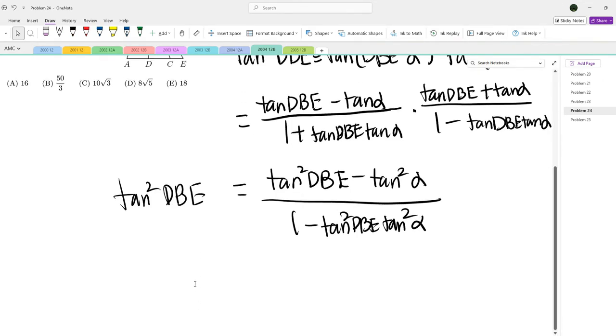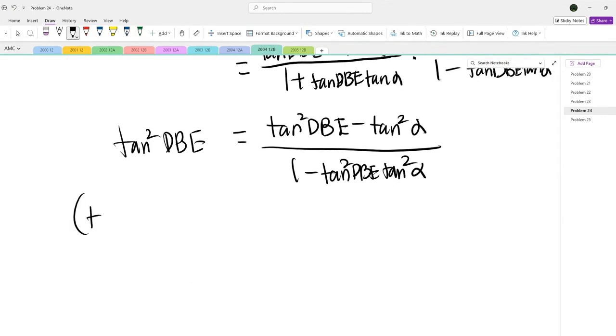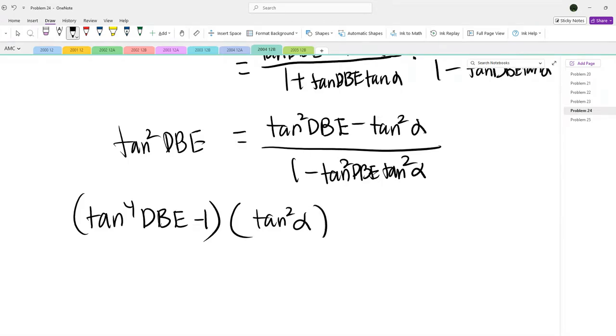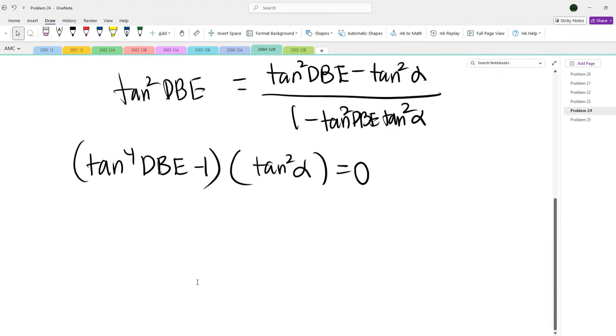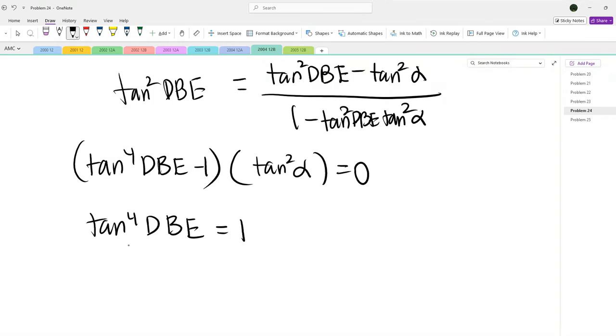So when we multiply this out and rearrange it, we'll get that (tan to the power 4 of DBE minus 1) times tan squared of alpha is equal to 0. And obviously tan squared of alpha is not equal to 0 because alpha is non-zero. So we must have tan to the power 4 of DBE minus 1 equals 0, so tan to the power 4 of DBE equals 1. And solving this, we will get that tan DBE equals 1, so DBE equals 45 degrees.